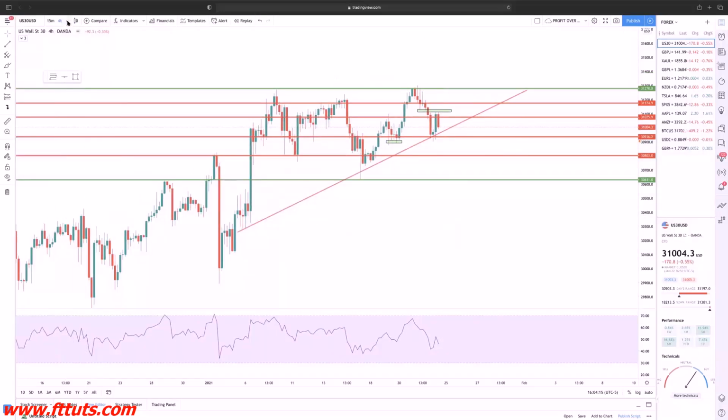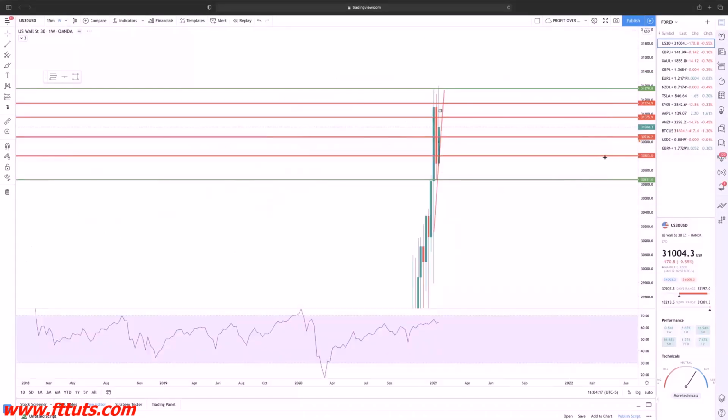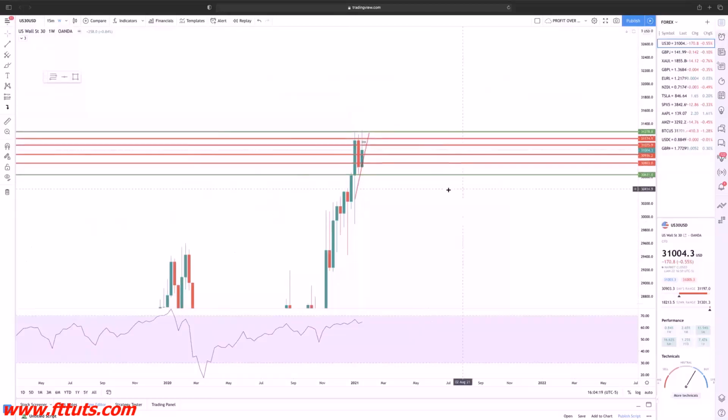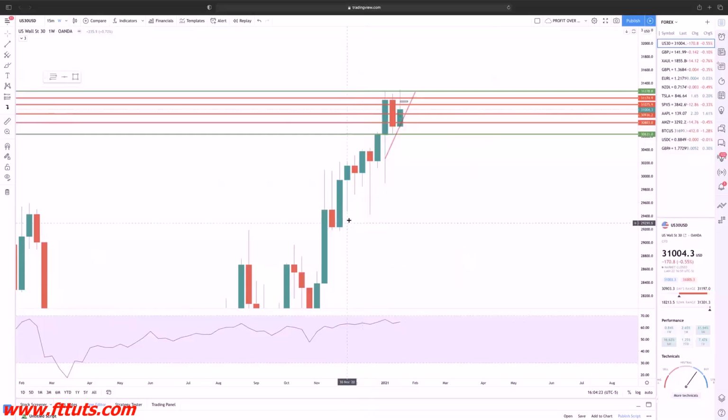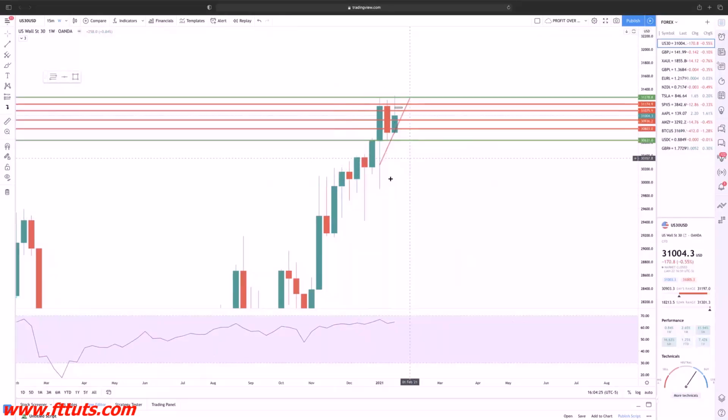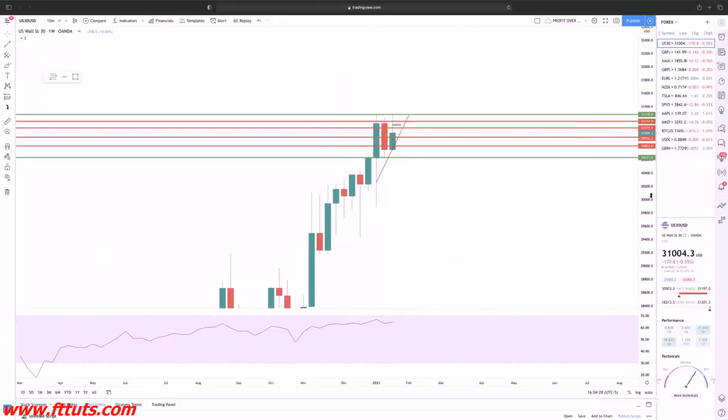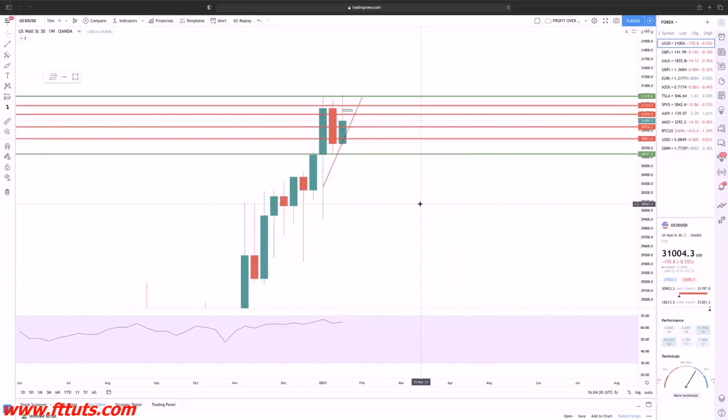Now, one thing that I did notice was I went to the weekly level, and look at this. It's been in an uptrend on a weekly level. Remember, today we're starting a whole brand new week. So every candle you see here is a week, right? Just based on these 3 candles, I'm thinking it's gonna go down.